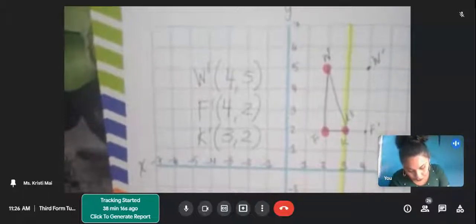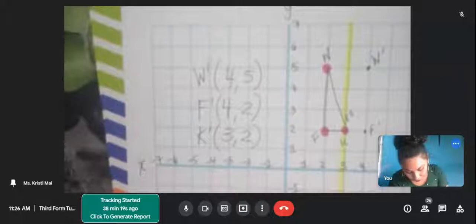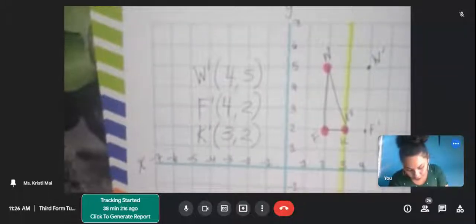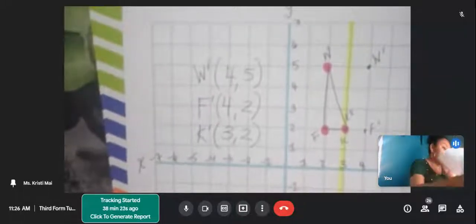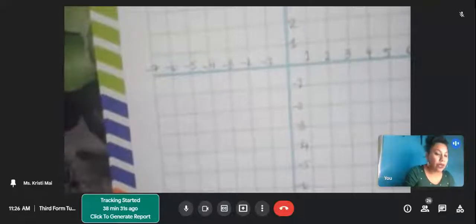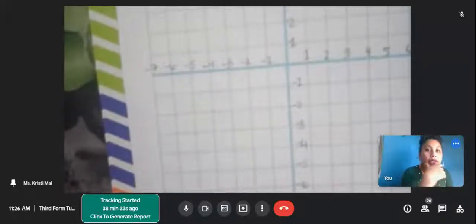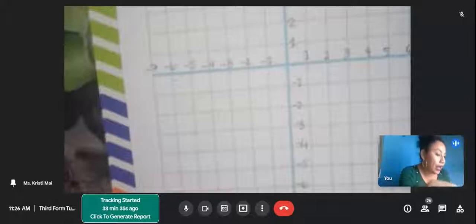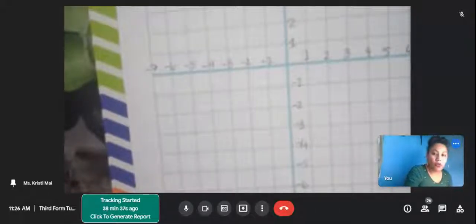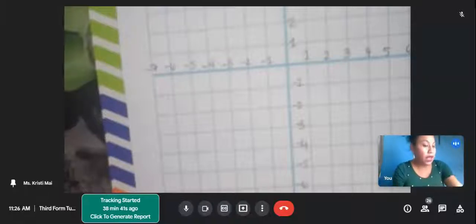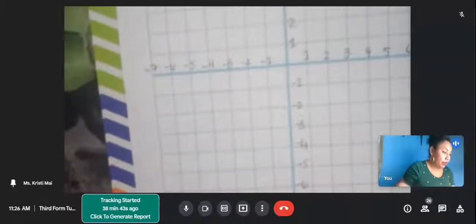Okay, so we are gonna do the last one right now because I'm looking at the time. We're gonna just do the last one for the first section. Okay, so now the last question for section 1 says reflect across x is equal to -1.